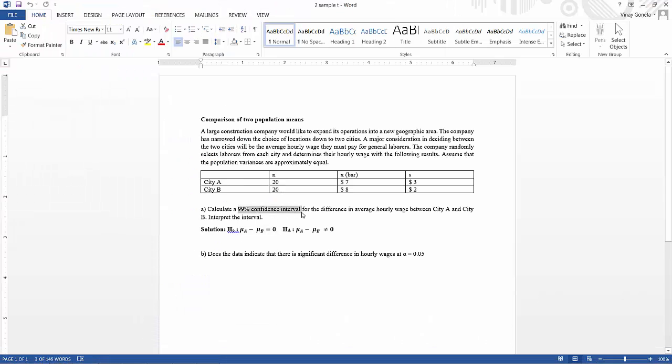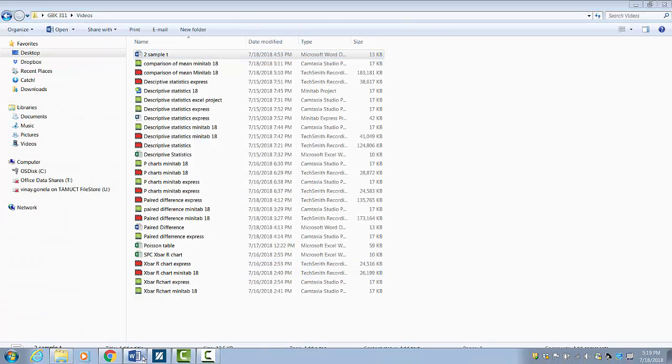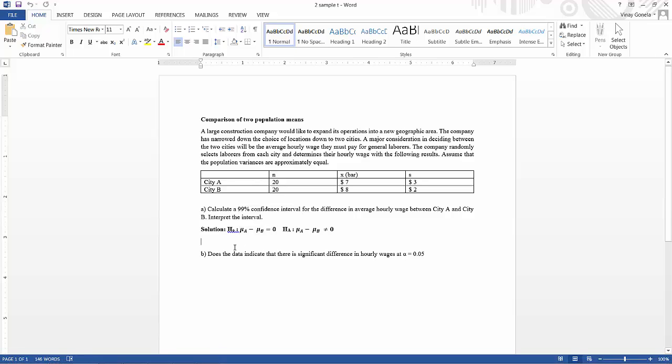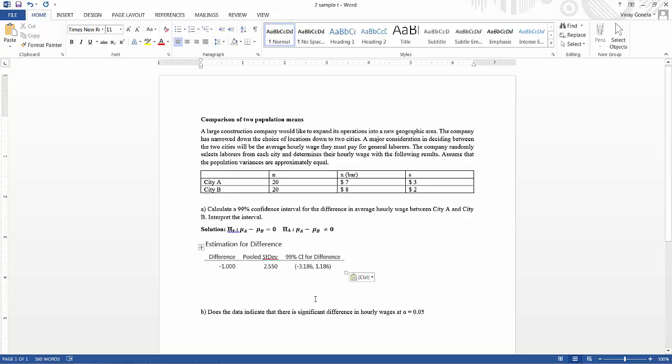Now we wanted to determine the 99% confidence interval. So I will just copy this part. So our confidence interval is negative 3.186 and 1.186. The lower bound is negative 3.186 and the upper bound is 1.186.